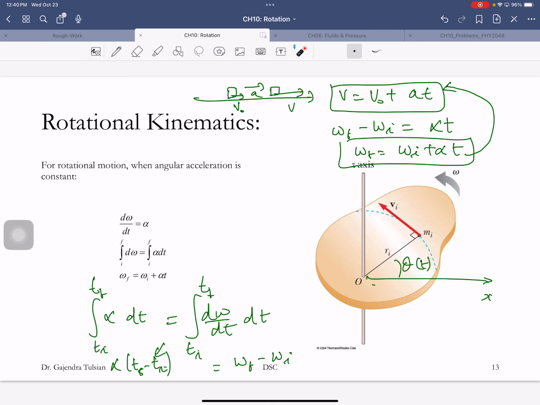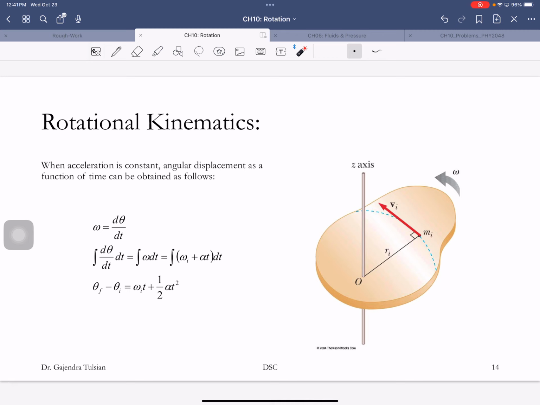Then we wanted to specifically study when acceleration was constant. When acceleration is constant, this formula gives you the angular velocity as a function of time. So when alpha is constant, angular velocity increases linearly with time.